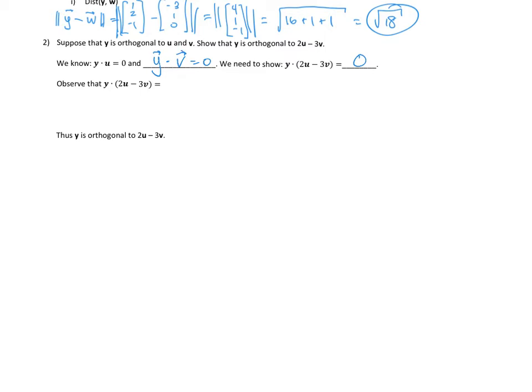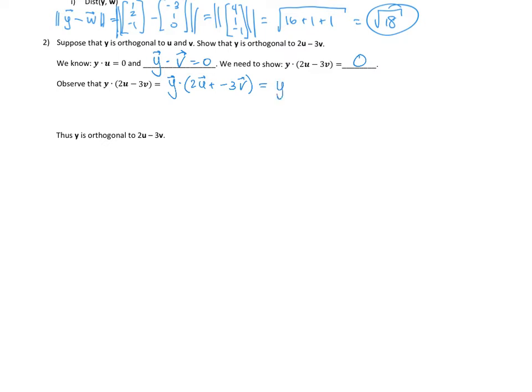Okay, so let's do that calculation. Y dotted with 2u minus 3v. So this becomes, I'm going to distribute my y. First, I'm just going to write that as plus and negative. Okay, then I'm going to distribute.